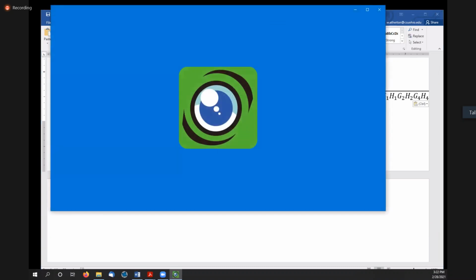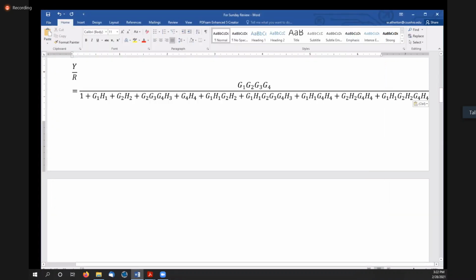Let's see if my document camera is not cooperating. I don't know why. Try different USB ports.